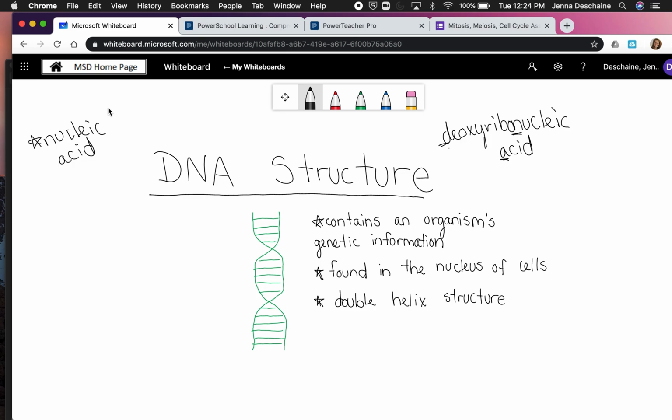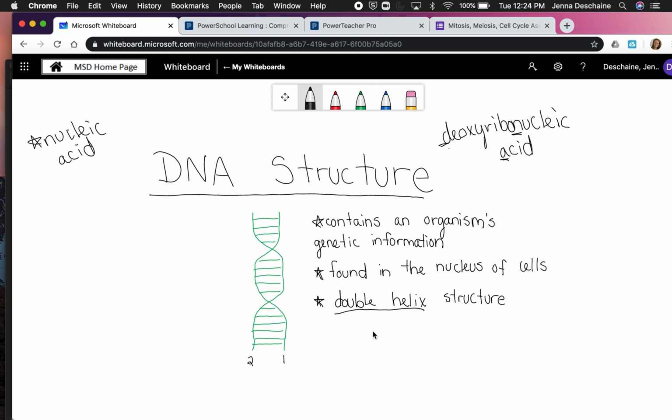Okay? So today I want to talk about DNA structure. There is a graphic organizer that goes along with this so that you can get a little more structure with this lesson, so just fill it in as you go. What DNA looks like is kind of like this. It is what we call a double helix structure, meaning that it's 2 strands, one right here and the other right here, and they are wound up together like this.